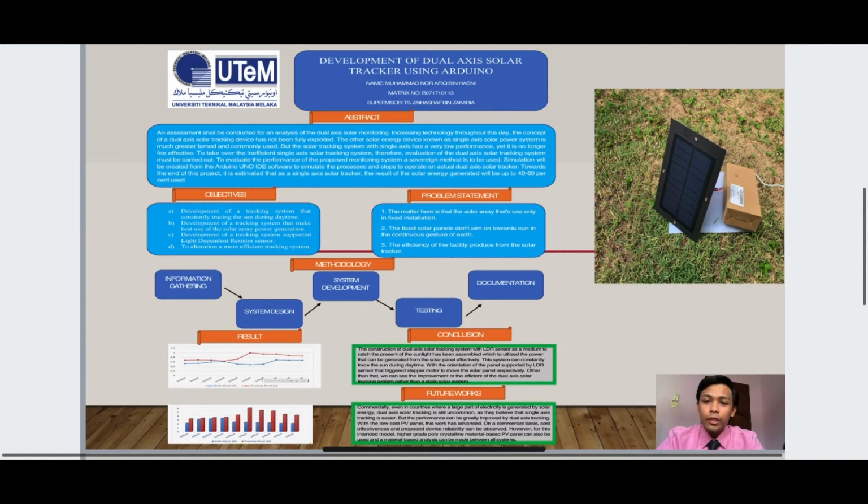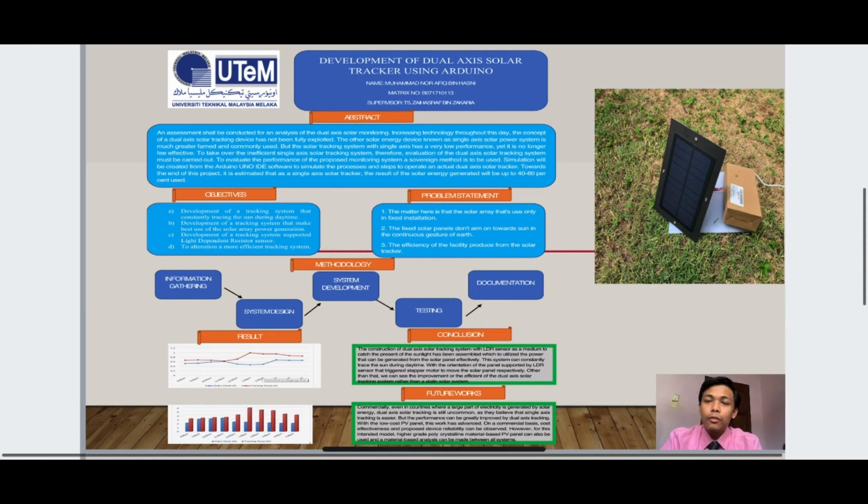So for the conclusion, the dual axis solar tracker can utilize the power that can be generated from the solar panel, with the LDR sensor as the medium to catch the presence of the sunlight. With the LDR and the orientation of the solar panel by the stepper motor that I use, this system can constantly trace the sun during daytime.